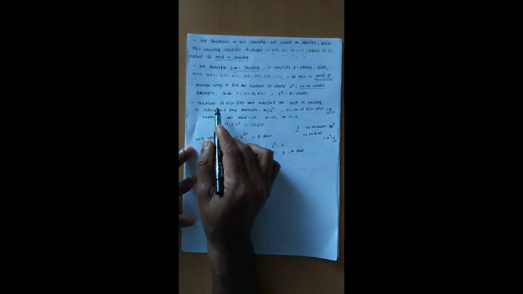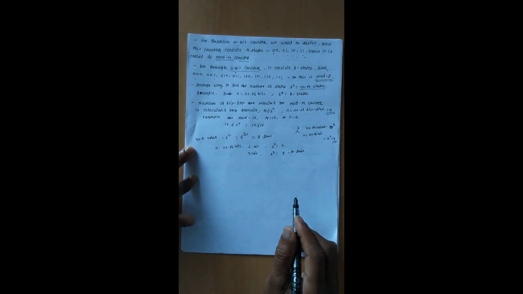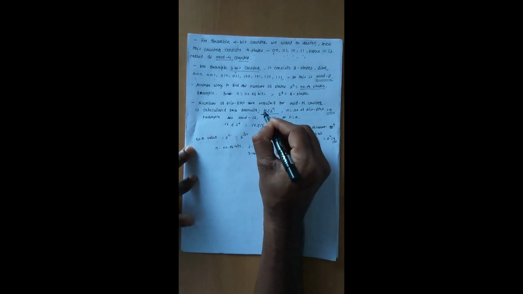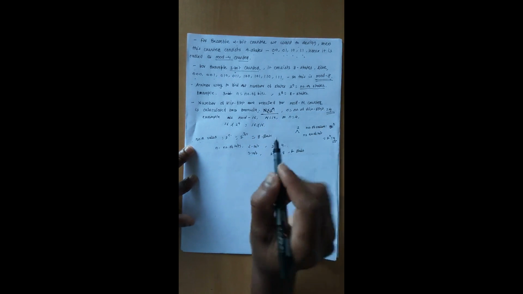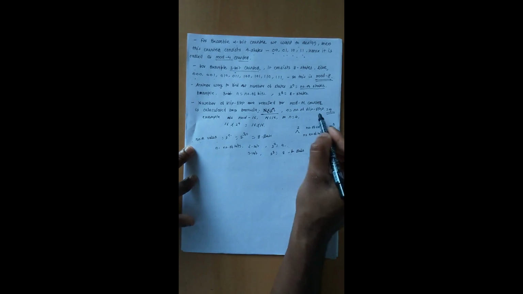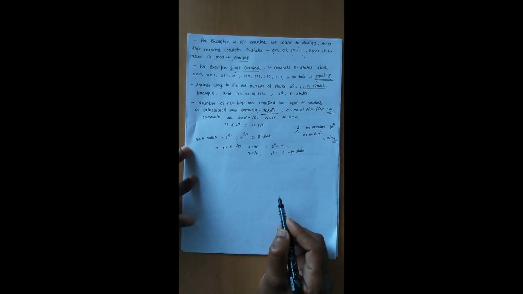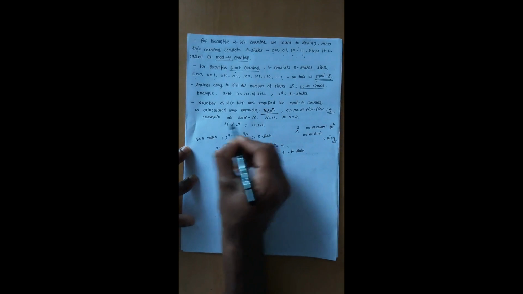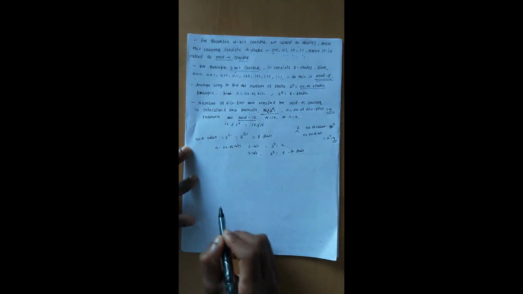Next, the number of flip-flops required for the implementation of a modulus of N counter is represented by the formula N is less than or equal to 2 raised to n, where n is the number of flip-flops. For example, we need modulus of 16.